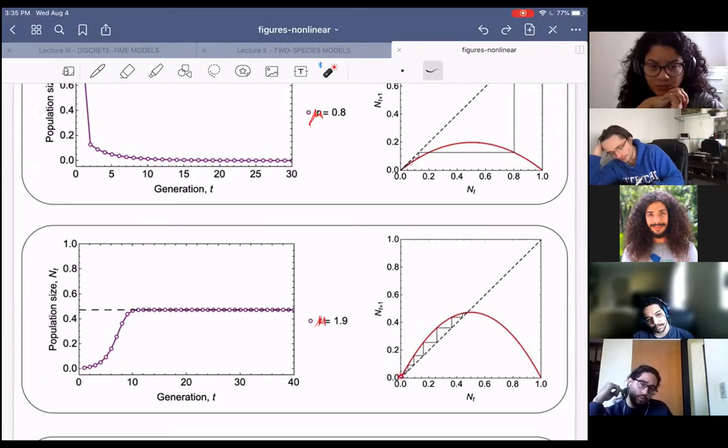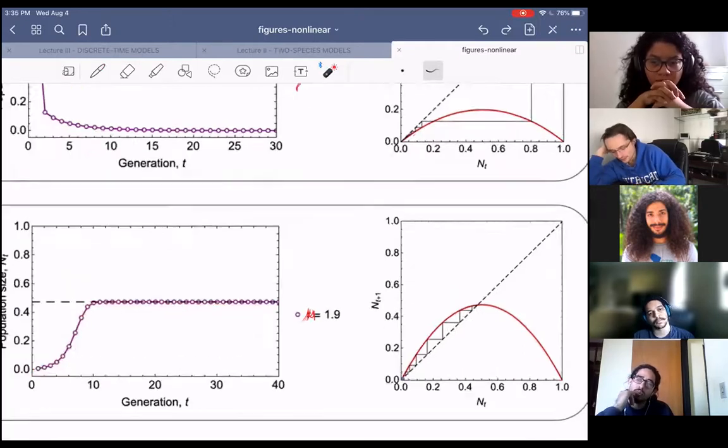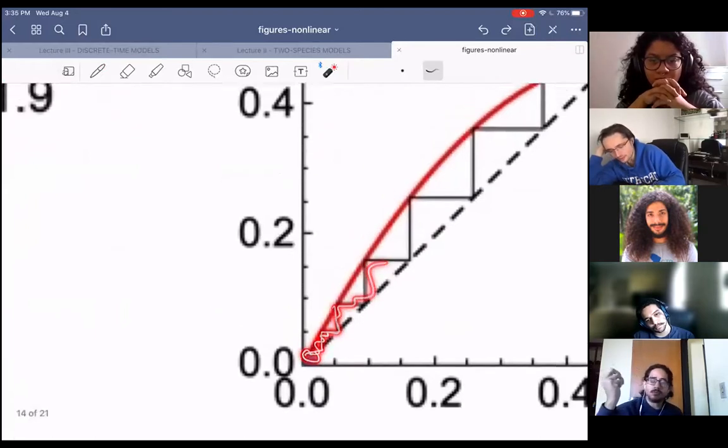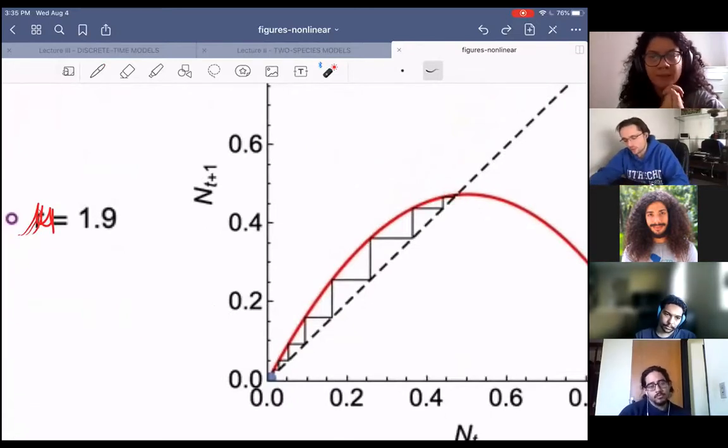You can see that by starting from a very tiny population. Here, I think I put something like 10 to the power of -4. And you see that it will grow, grow, grow, and it will reach the carrying capacity. If you zoom in here, you will see that in the beginning we have this growth, and then eventually we hit the stationary state. So this is very similar to the compensation case, right?